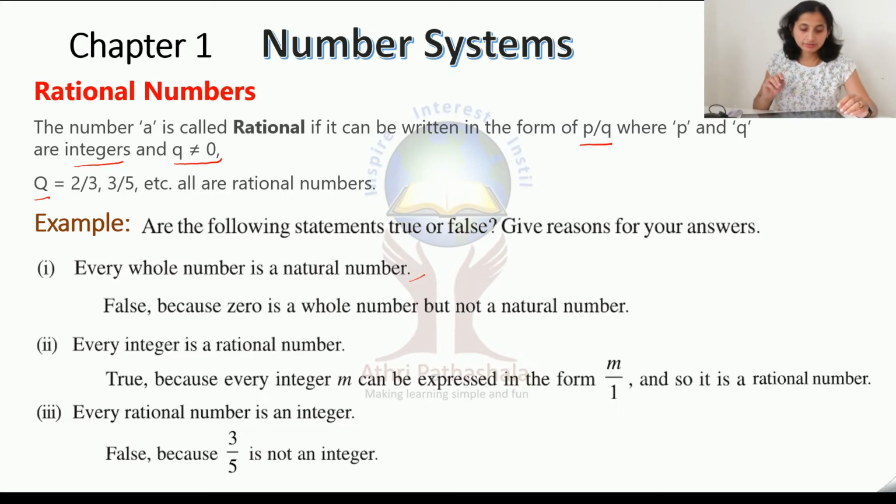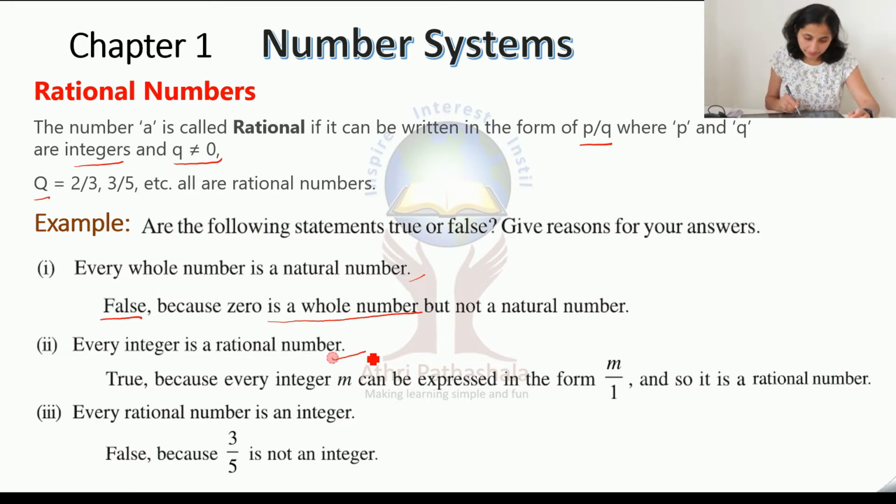The given statement is false, because in whole numbers we have 0, but natural numbers do not have 0. So every whole number is not a natural number, but every natural number is a whole number.